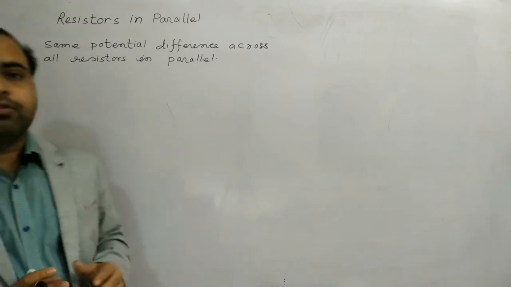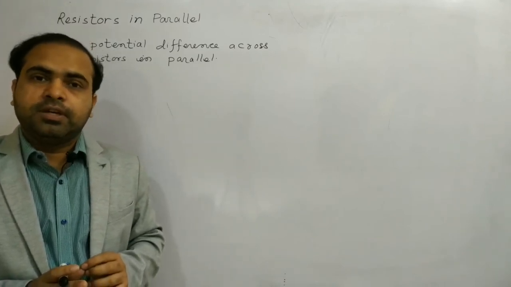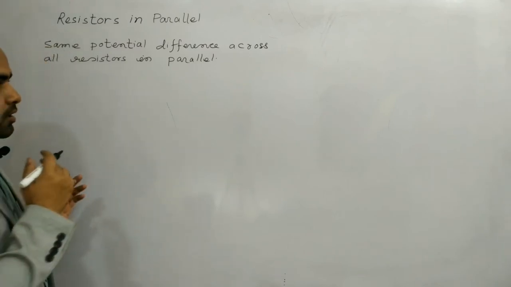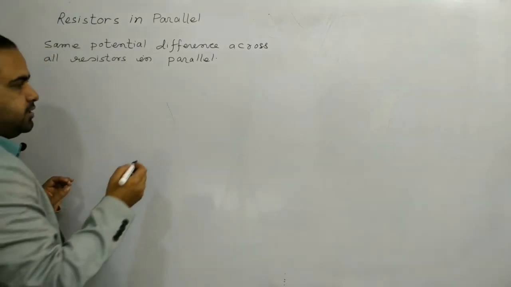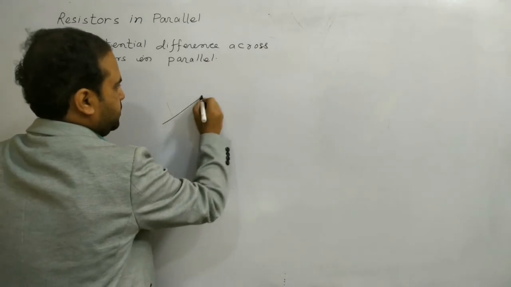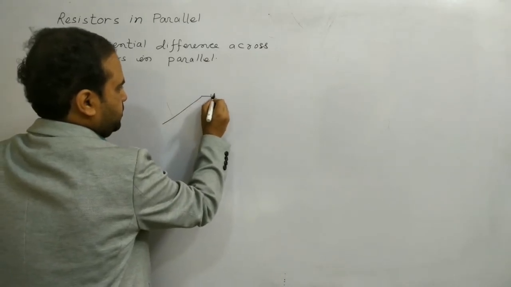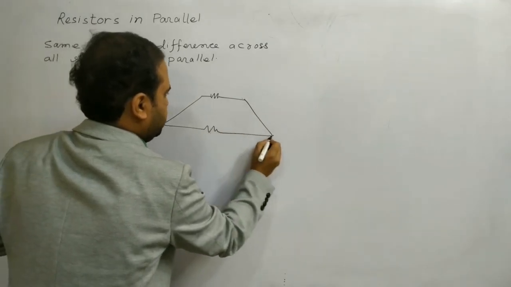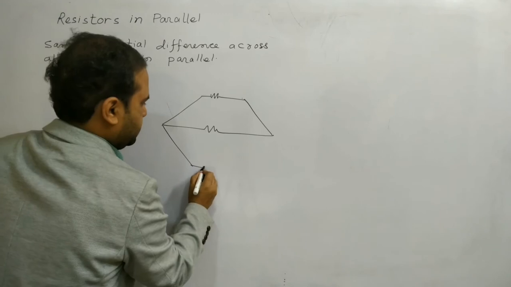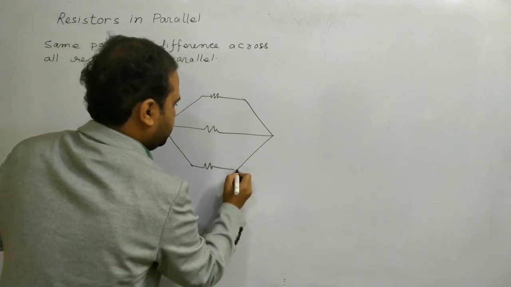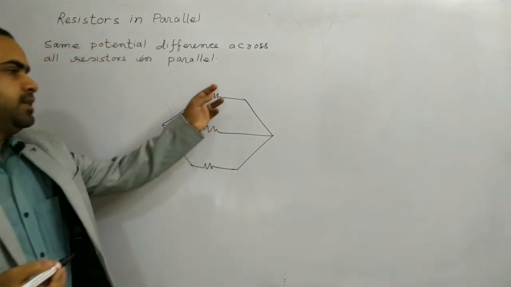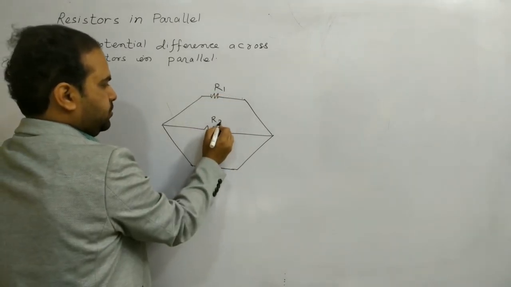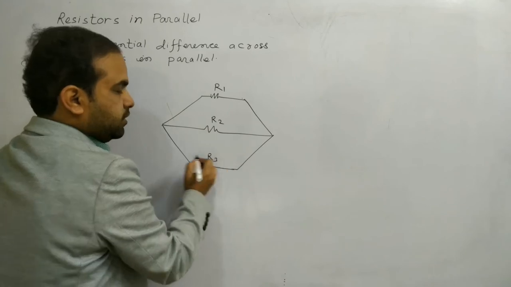Actually, this is a method to identify the parallel combination of resistors. So suppose we have a set of resistors like this. Suppose its resistance is R1 and its resistance is R2 and its resistance is R3.